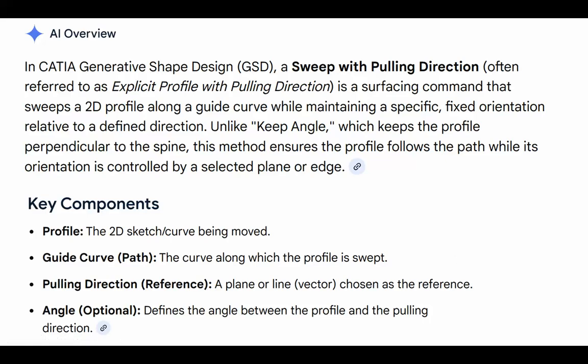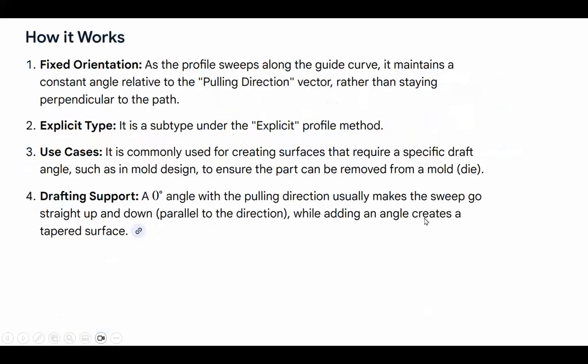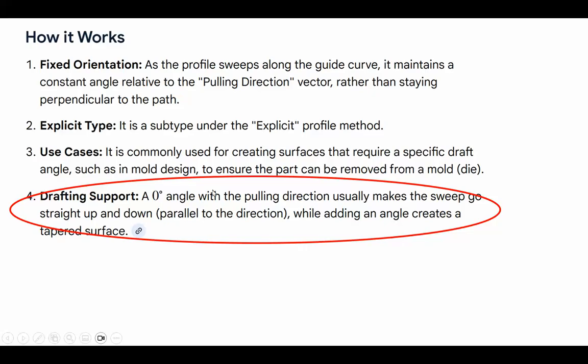But anyway, Google AI gives you some additional information that I've copied here, and the how it works part in Google actually is very interesting because it probably gives you the best information about the way it works.